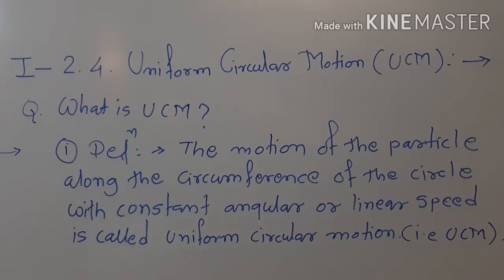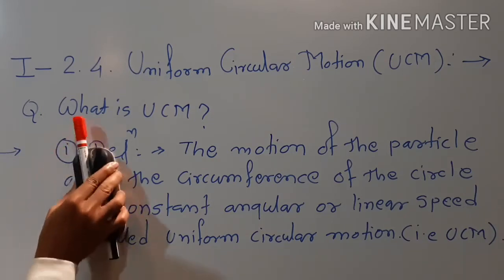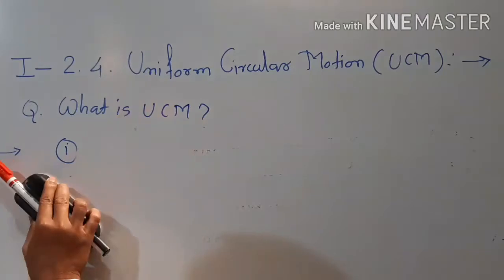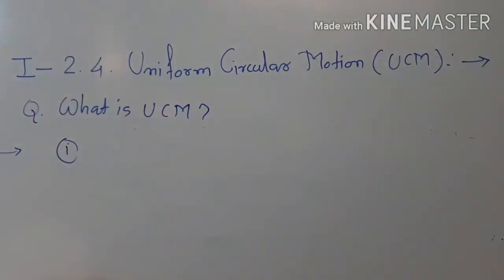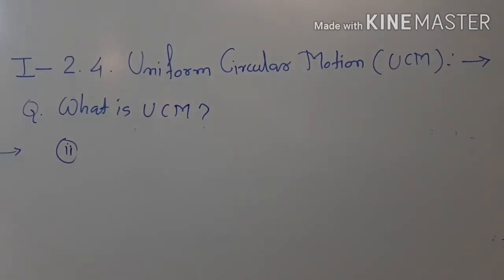Now in the first point, we see the definition, the motion of a particle along the circumference of the circle. Now the second point is the example of uniform circular motion.